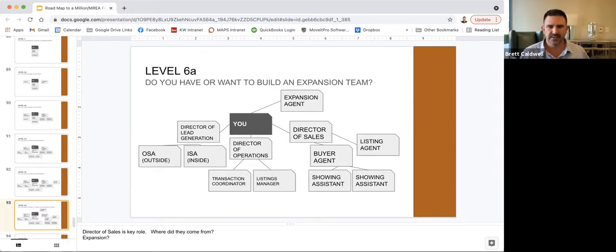Level 6 is when you really start to build the business, right? Not that it wasn't a business before, but now all of a sudden you have a real estate business in a box, and you start asking yourself, where can I go with this? How can I scale this? And when you start asking yourself those questions, inevitably, does an expansion conversation start to show up?